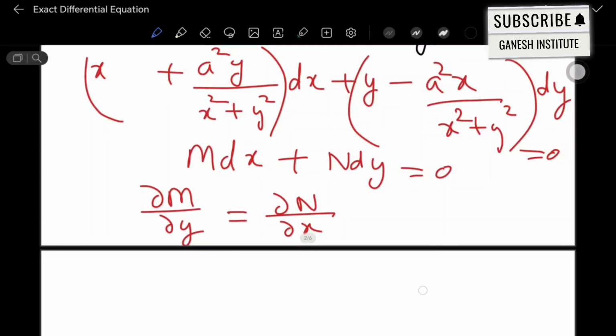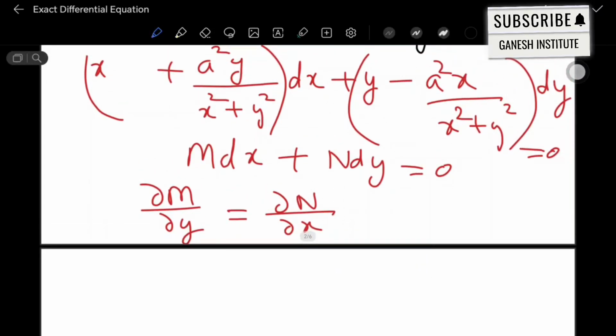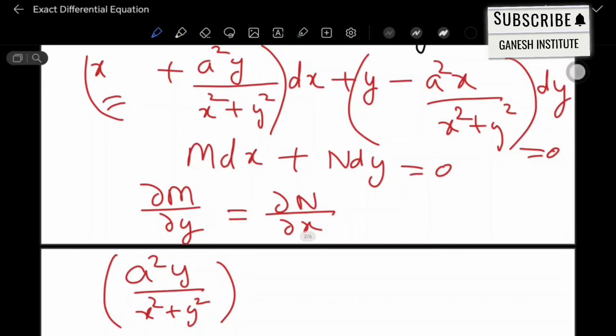Yes, let's do it. So it is a square y upon x square plus y square, and then this is my M. Yes, because x is anyways constant and I'm doing it for y.